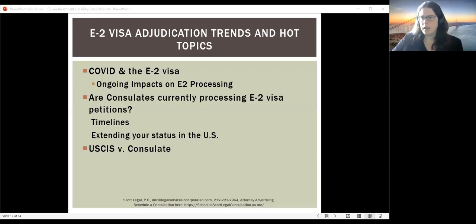However, USCIS takes a much stricter view of the source and trail of funds than most consulates do. So most consulates are going to take a very holistic view. Let's say that you say that your investment is from personal savings from employment. You would just produce your latest tax returns and then proof of you transferring that money to the U.S. business bank account, where it could then be spent on the E-2 expenditures.